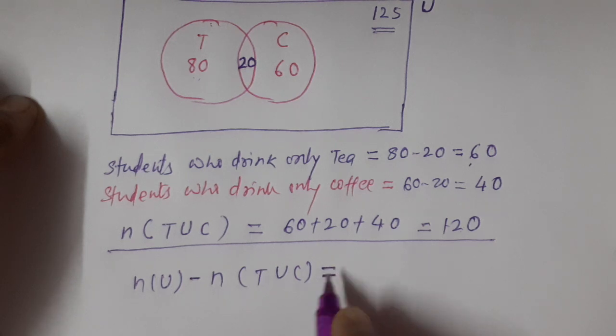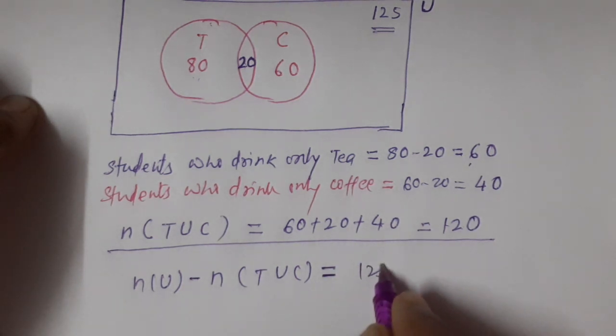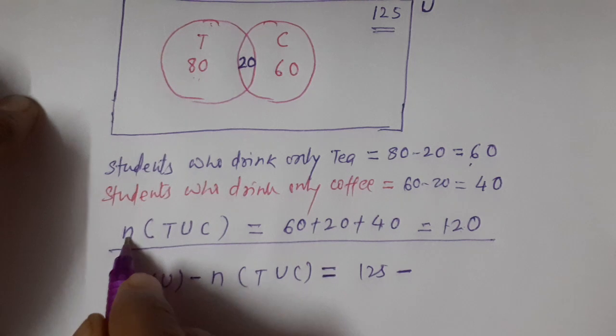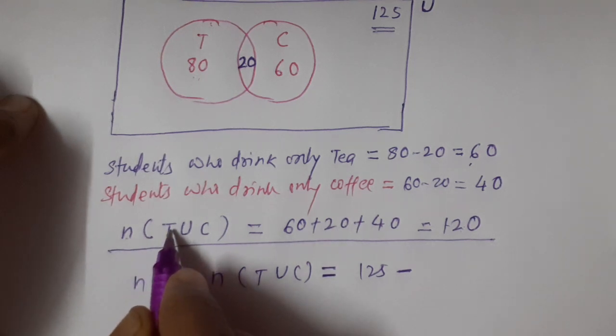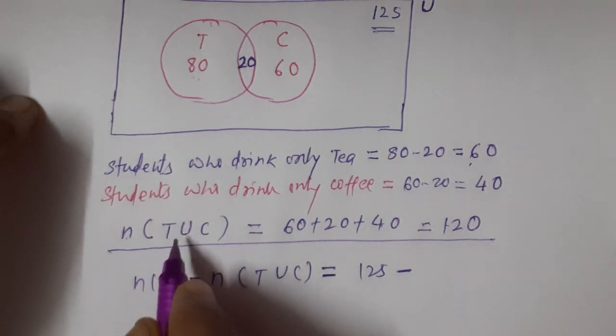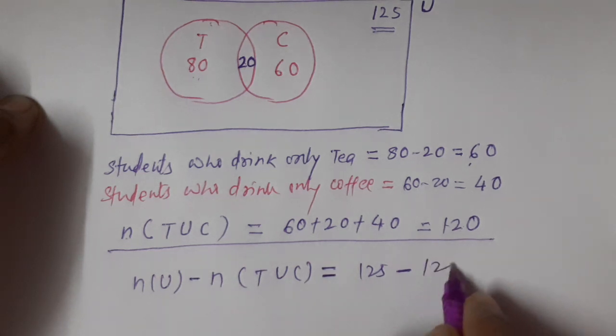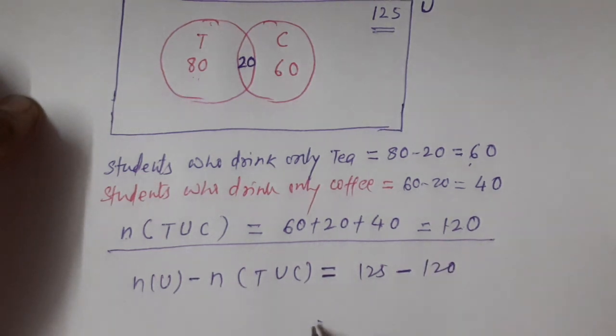We can write it, n of U is 125. We have calculated that the number of students drinking tea, coffee or both is 120. So 125 minus 120 comes out to be 5. These are the 5 students.